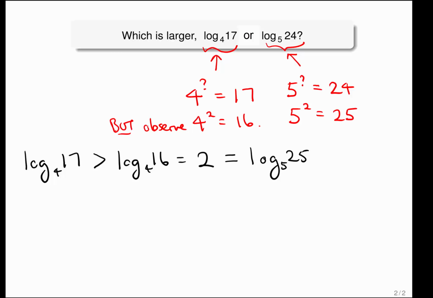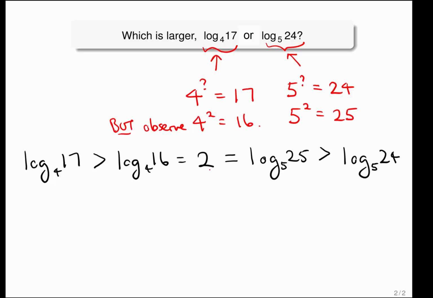Now, if 5 squared gives me 25, then to get 24, which is something smaller, I would have to raise 5 by a power that's a little bit smaller than 2. Therefore, log of 24 to the base 5 must be a little bit smaller than log of 25 to the base 5.